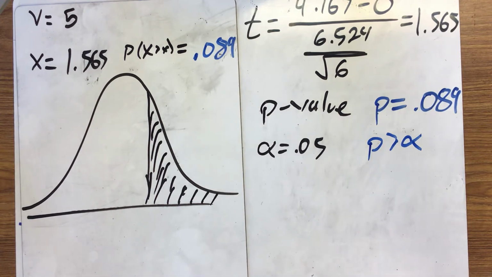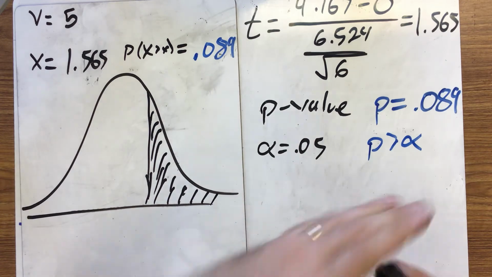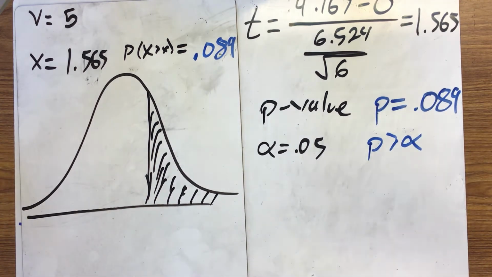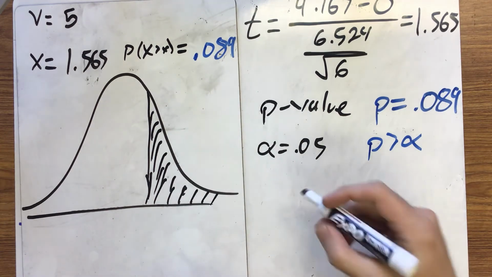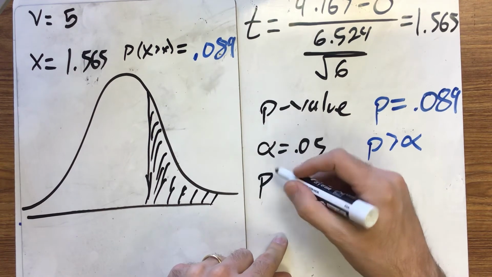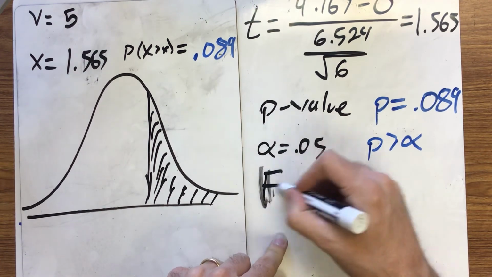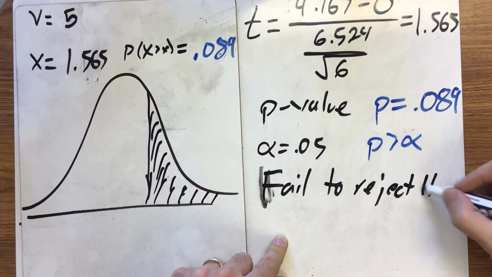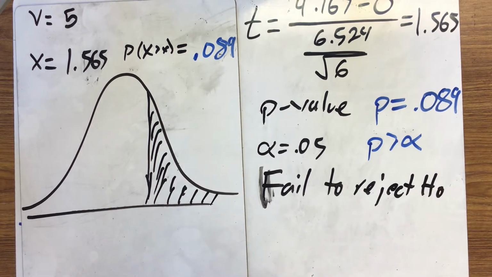Well, this was not unusual enough for us to say that something is up with our data. So p is greater than alpha, so we fail to reject h naught.